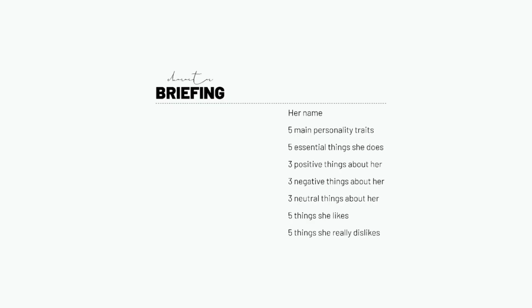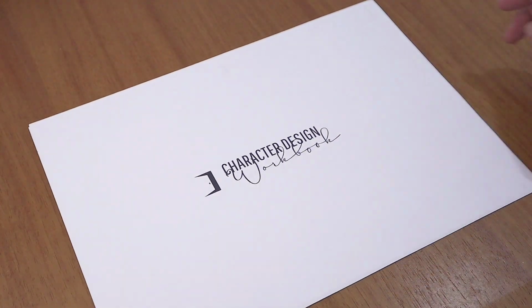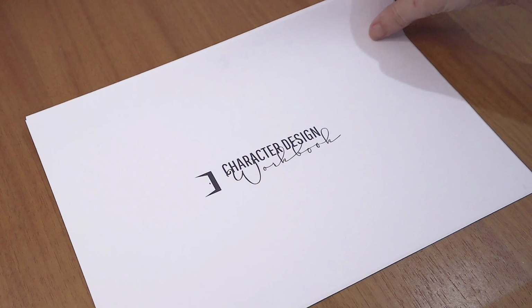The character design briefing is composed of her name, 5 main personality traits, 5 essential things she does, 3 positive things about her, 3 negative things about her, 3 neutral things about her, 5 things she likes, and 5 things she really dislikes. You can choose a name just at the beginning or later.